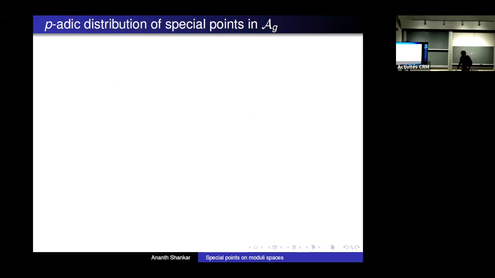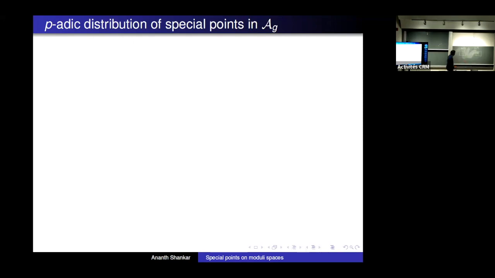Let me perhaps write something on the board. Let's take the case of the moduli space of abelian surfaces. Like I said, this Shimura variety is actually defined by integer coefficients, and so you can reduce the coefficients mod P for any prime P. Now let's look at the Q_P-bar valued points of this moduli space, and the F_P-bar valued points of the moduli space.